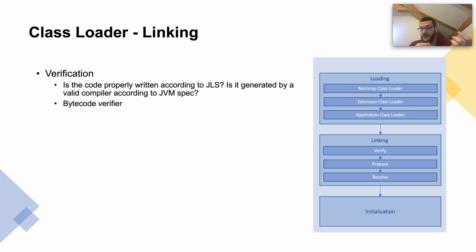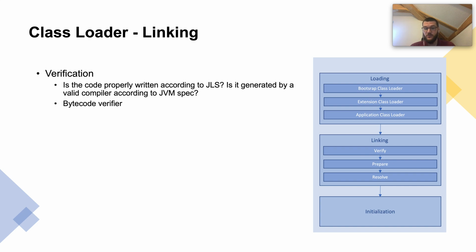Does the code violate the Java specification? Maybe, was it generated by a correct compiler, and similar reasons. In general, all detailed security checks are performed here. Some of the checks that are done are that a final class is not extended, or that a final method is not overridden, that there are no illegal overloading methods.